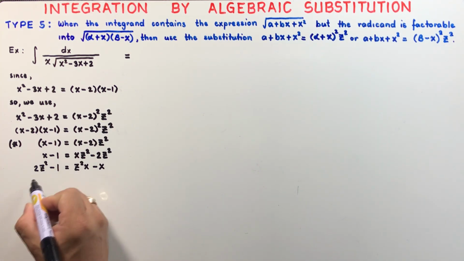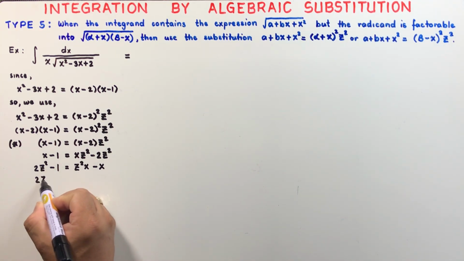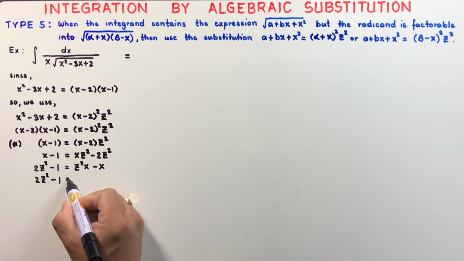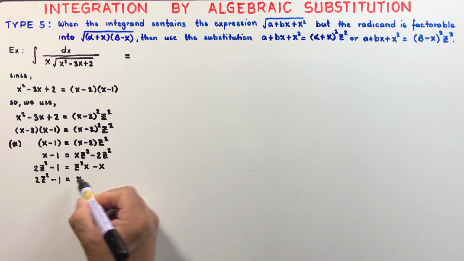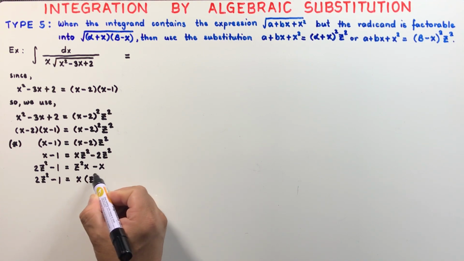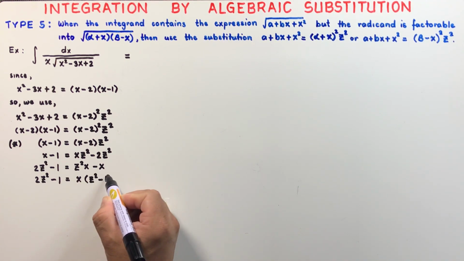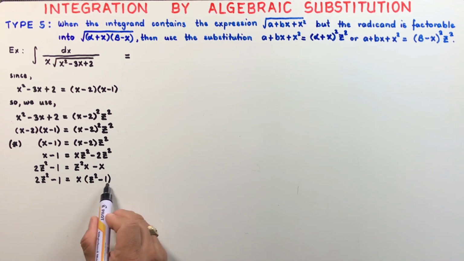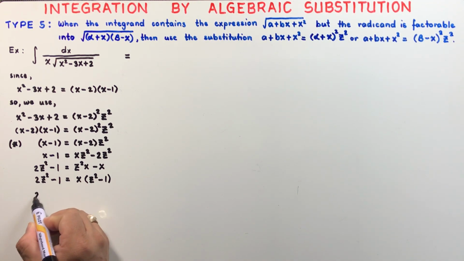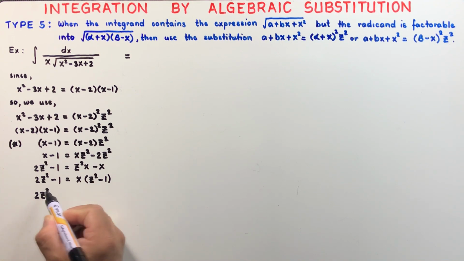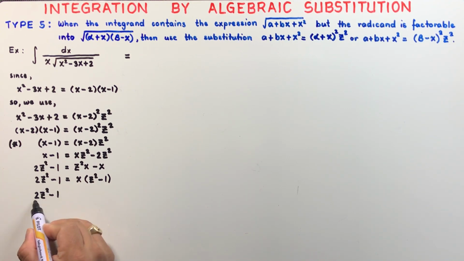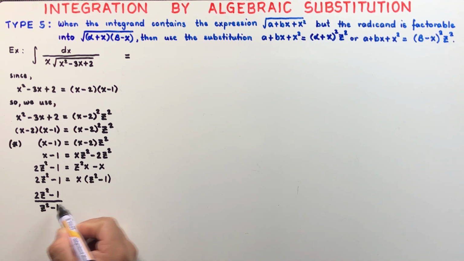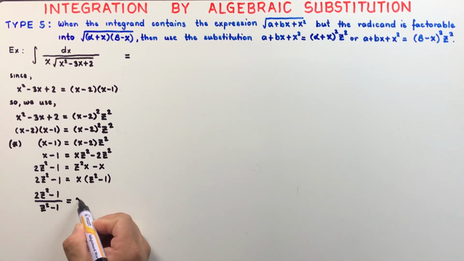And then we can factor out the x at the right hand side, the common x at the right hand side of this equation. So this is x times z squared minus 1. And dividing both sides of the equation by this z squared minus 1, we have 2z squared minus 1 over this z squared minus 1, which is equal to x.